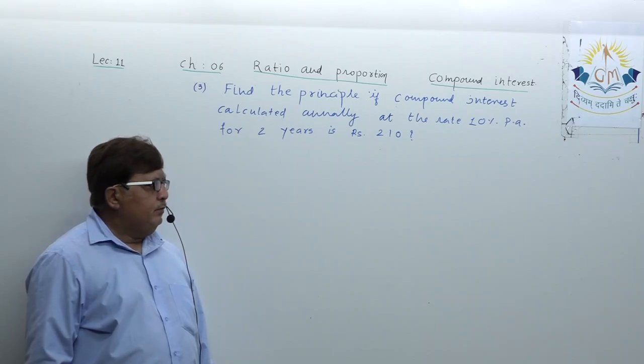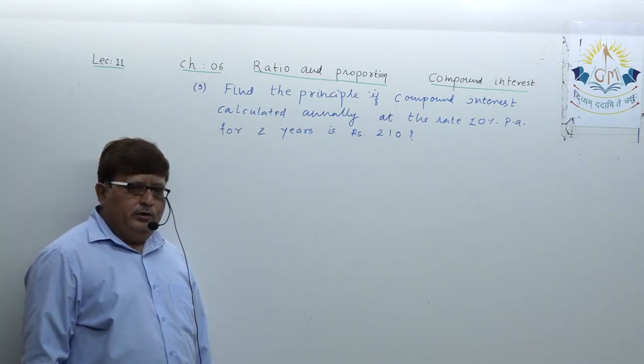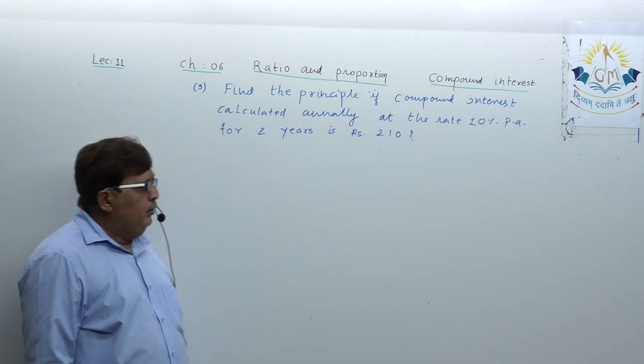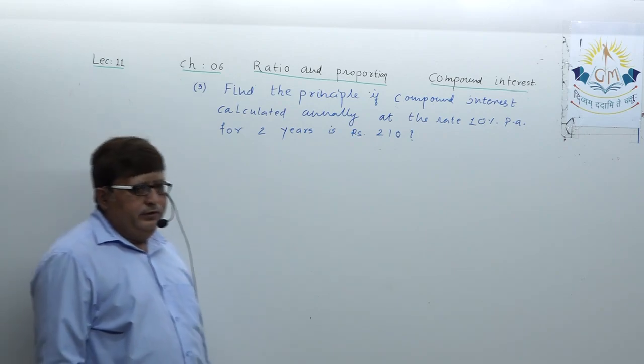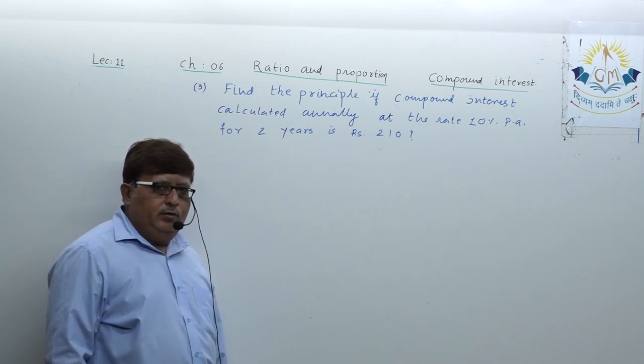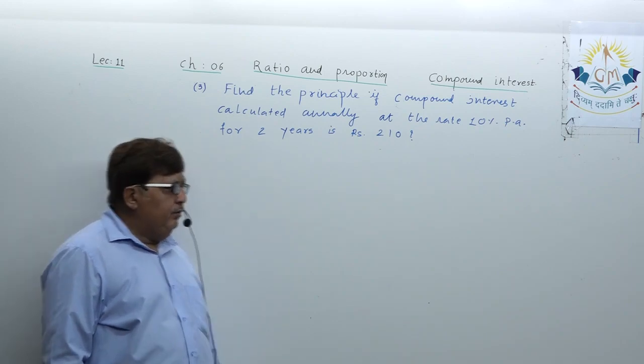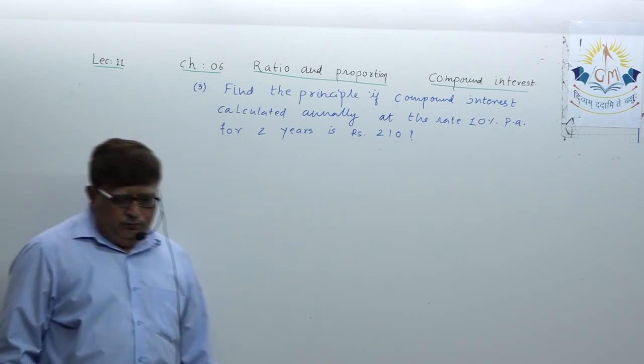Second, finding expression of amount in terms of principal. And the third one, utilization of the formula of CI. This way you can get it. Okay, just try this out.